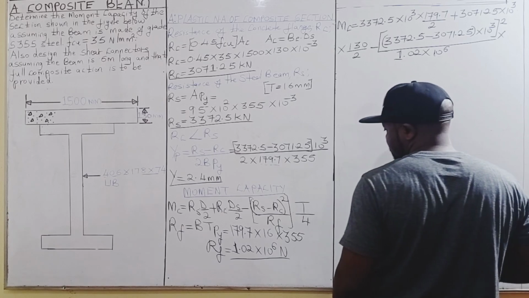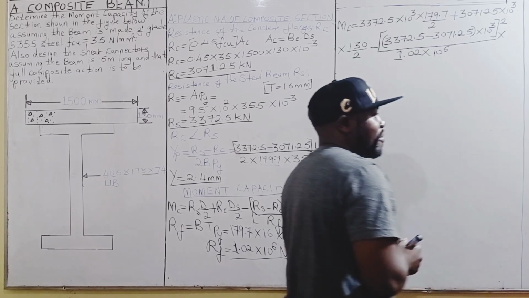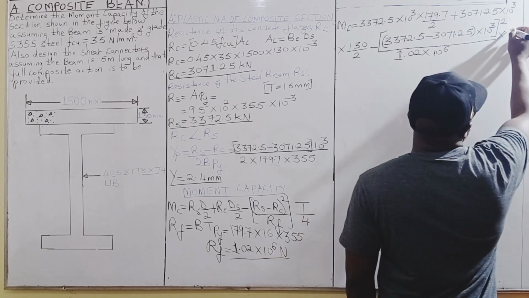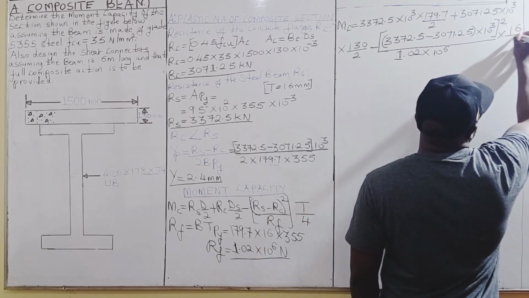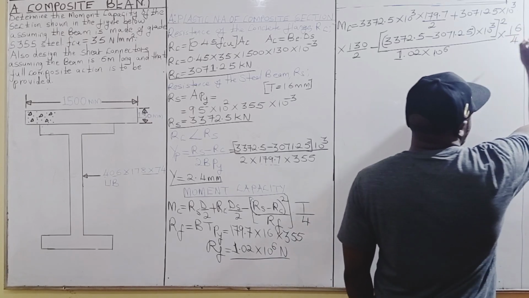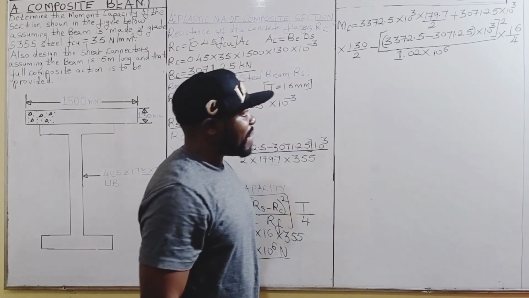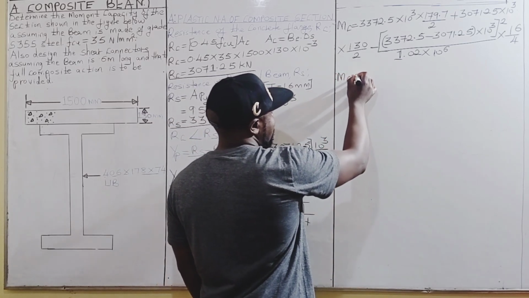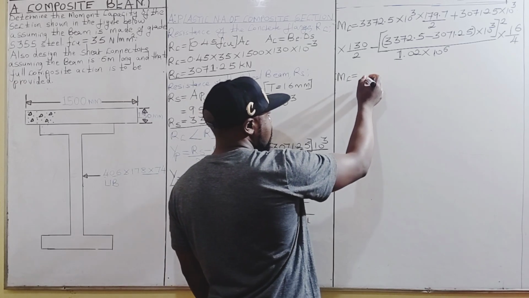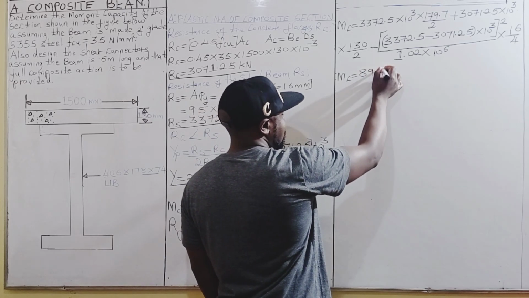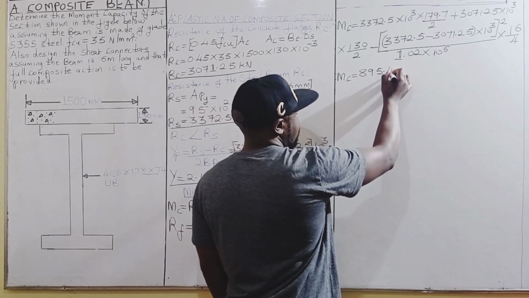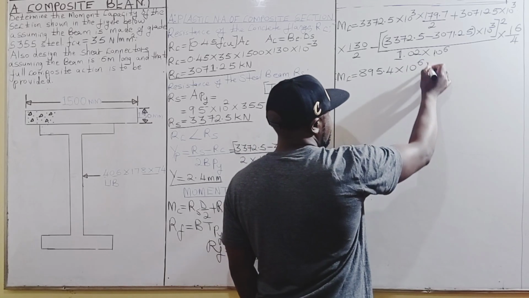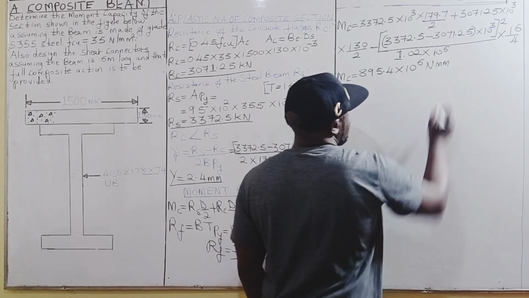Then we multiply by T over 4, whereby we have said that T is 16 millimeters from table 4.3 of the BS 5950. Therefore, 16 divided by 4. This is going to give us a moment capacity of 895.4 times 10 raised to the power of 6 newton millimeters.